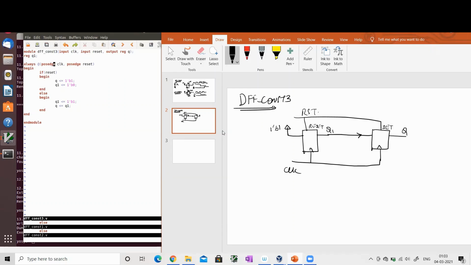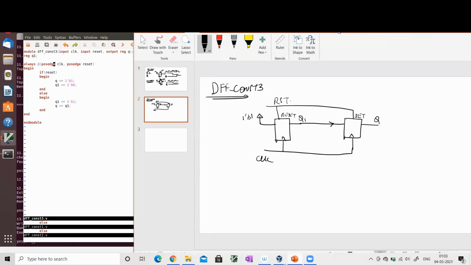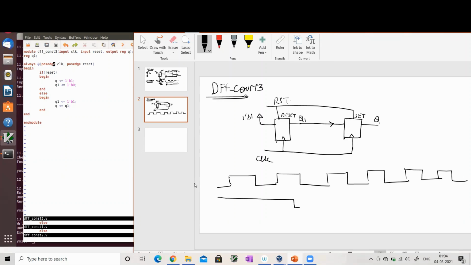Now think and tell me whether these flops will be optimized or not. Let's think about it. Let's draw the clocks and see what is going to happen. When we synthesize this circuit, we expect 1 flop, 2 flops, or no flops. Let's try to understand this. Let's say my reset is applied something like this.